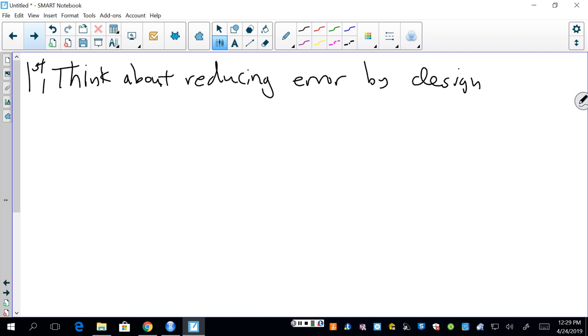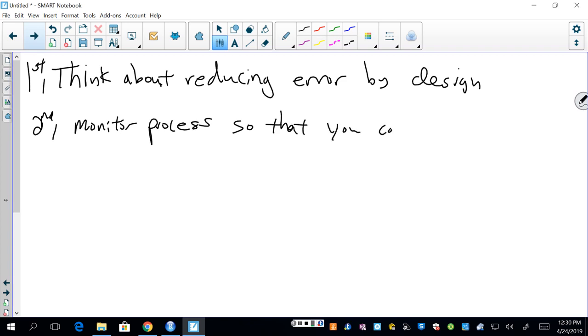So once you get everything improved, we are going to monitor the process, so that you can detect when things get out of control.